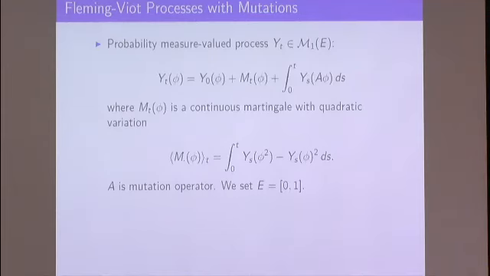You take any test function over your space E and integrate it against the process Y, which is a measure. On the right hand side you get the initial measure integrated with phi, plus some martingale and some drift.